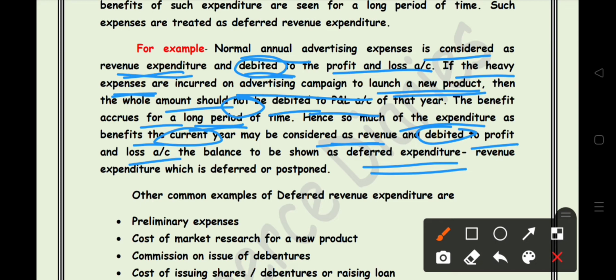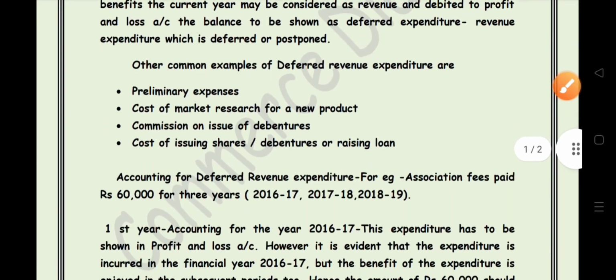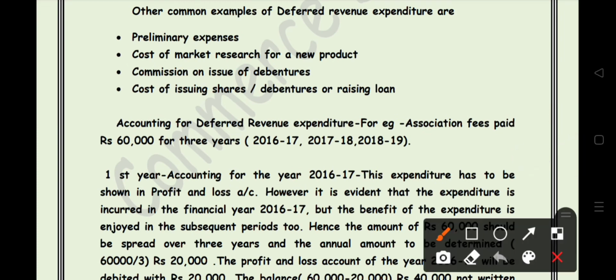Means we will treat the current year's expenses as revenue expenditure, but the remaining amount of that heavy advertisement expense we will treat as a deferred revenue expenditure, which we will write off in the succeeding years.